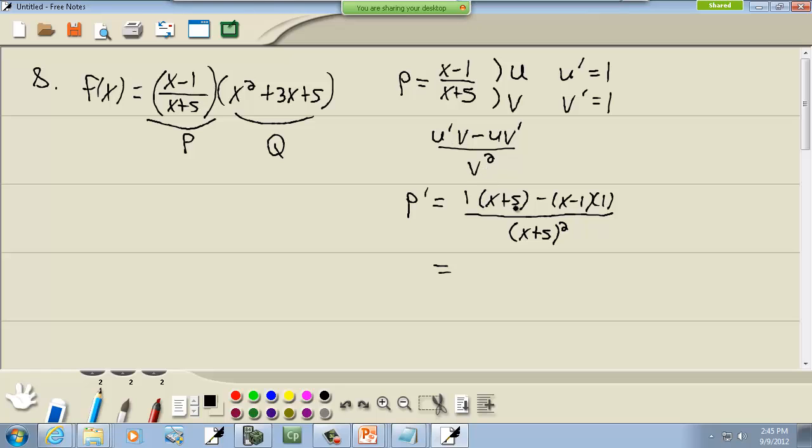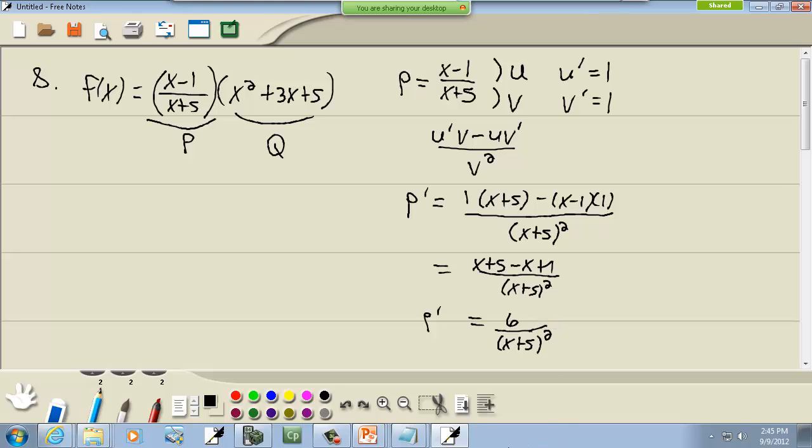Okay, u prime 1, x plus 5. Yep, that's right. Okay, so up on top here we got x plus 5. That negative flips the sign of everything that follows it, so we got negative x plus 1 over x plus 5 squared. So p prime is going to equal, the x's cancel, we got 5 plus 1, which gives us 6, over x plus 5 squared.